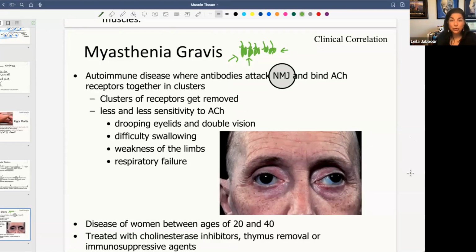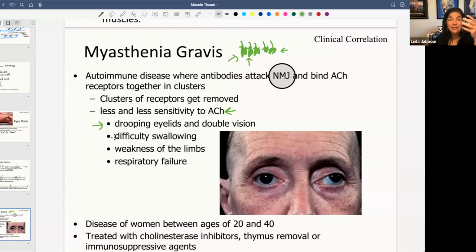So the surface becomes less and less sensitive to acetylcholine. So the muscles are less and less excitable. So they're just more limp. And the first muscles that get affected by this condition are levator palpebrae. So you have a drooping of the eyelids, and the muscles that hold the eyeball are also relaxing.